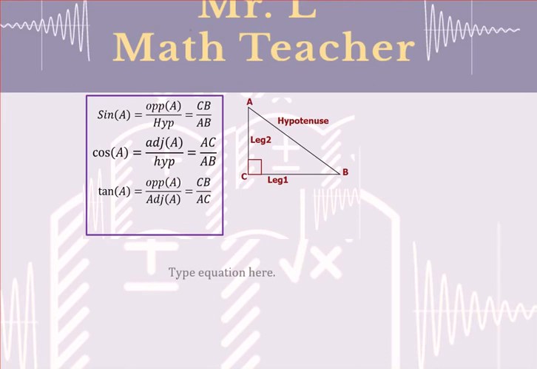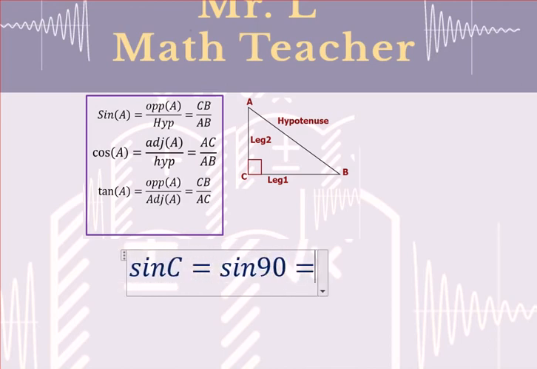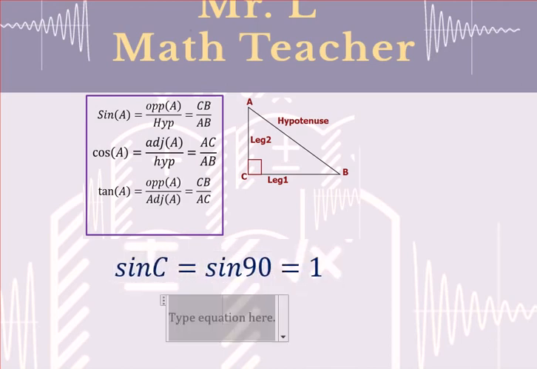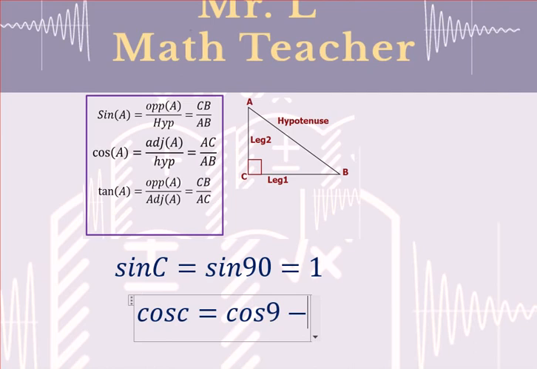Now finally, let us speak about the right angle C. Right angle C, guys, is special because it's the right angle, so I'll give some facts about angle C without applying these rules. Sine of angle C, since it's 90, is equal to sine 90, and it's equal to 1. Cosine of angle C, which is cosine 90, is equal to 0.